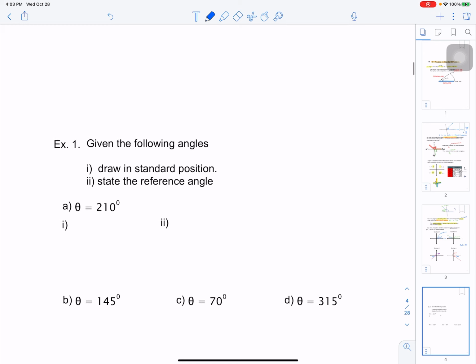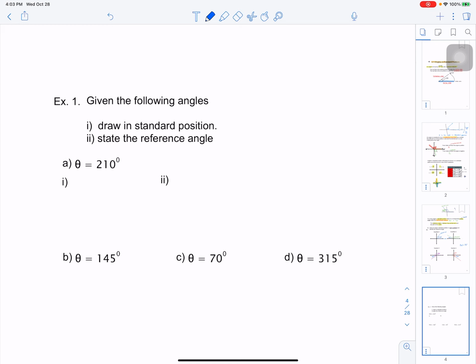Okay, so let's actually work through some examples. Draw an angle in standard position and state the reference angle. As soon as they use the words standard position, it should clue you in right away that we're drawing our coordinate axes. I want to draw my angle, which is 210 degrees. So this is 0.